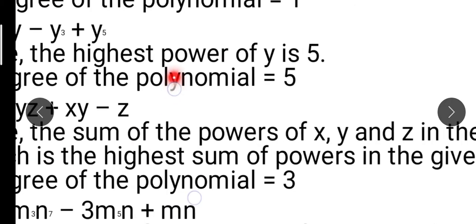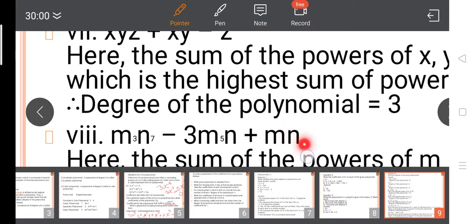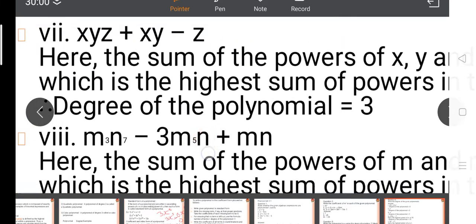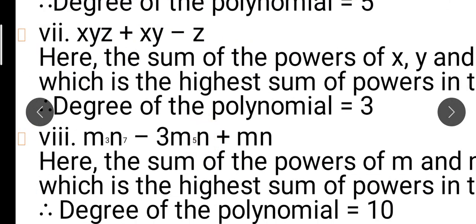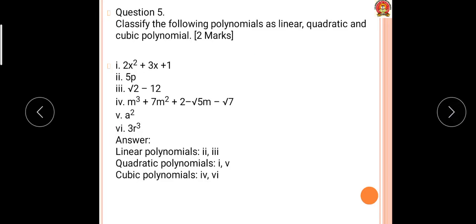Similarly, see the next question. m raised to the power 3, n raised to the power 7, 3m raised to the power 5 into n plus mn. What is the degree of mn? 2. What is the degree of this term? m5 n1, 6. And what is the degree of this term? m cubed n7, 7 plus 3, that is 10. Therefore the degree of the polynomial is 10.